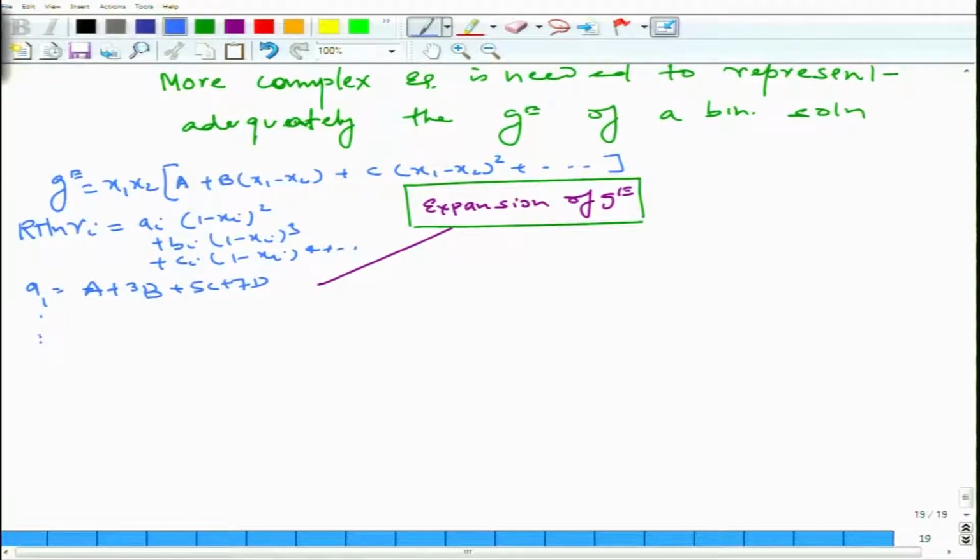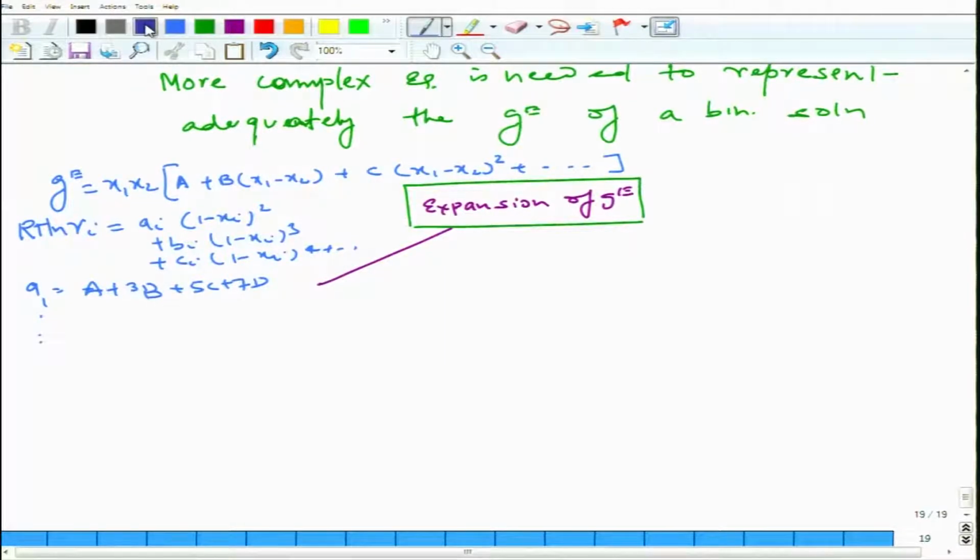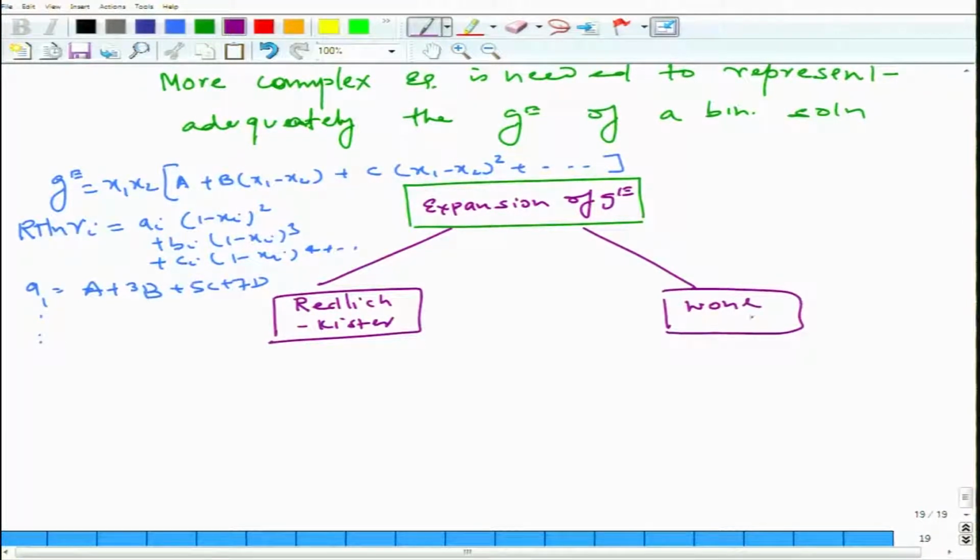This is a generic expression which satisfies the boundary condition, and using it, with different approximations or formalisms, different expressions come up. For example, you can get Redlich-Kister. You can also get Wohl, which is more exhaustive and contains physical interpretation of the system.